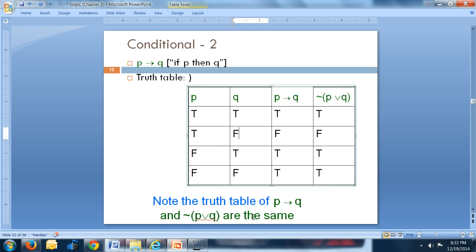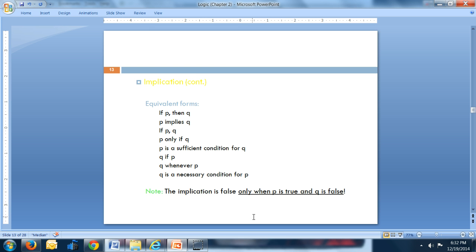Let me move on to the definition of if B then Q. This applies to the fact that we can say if B then Q. That's the original statement.